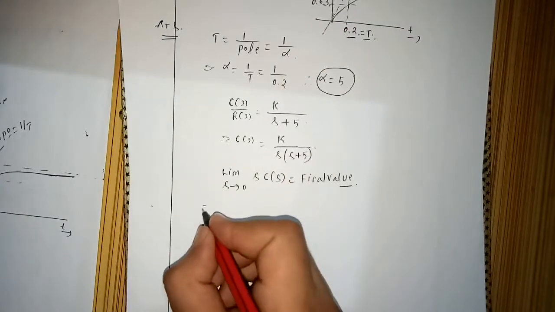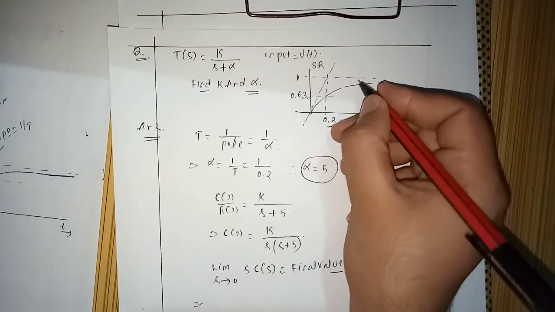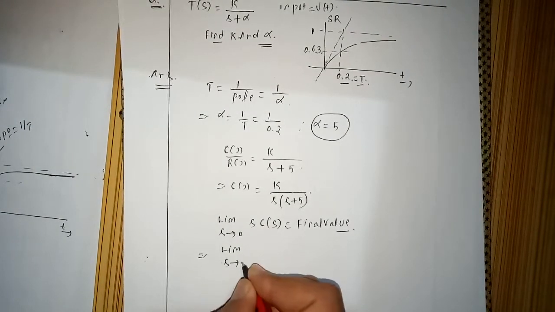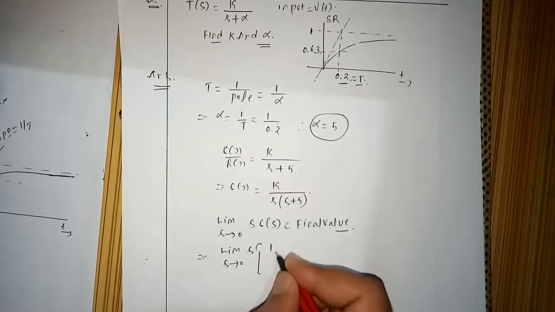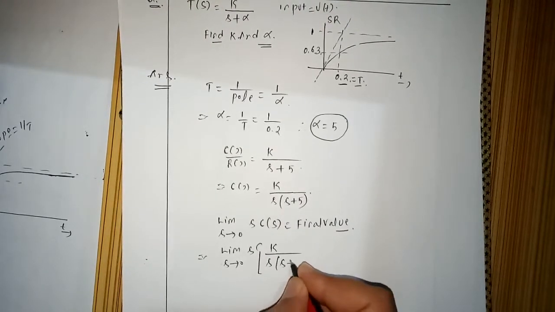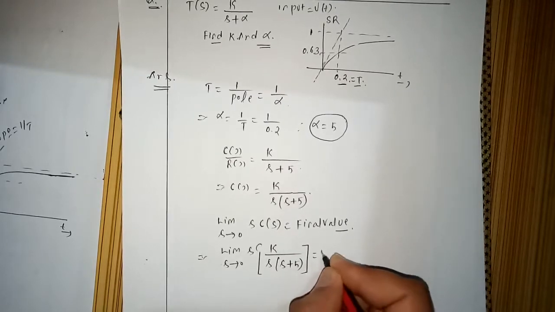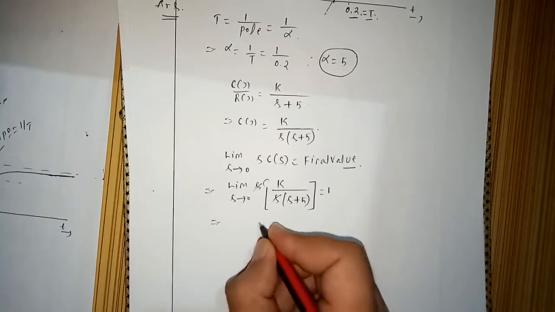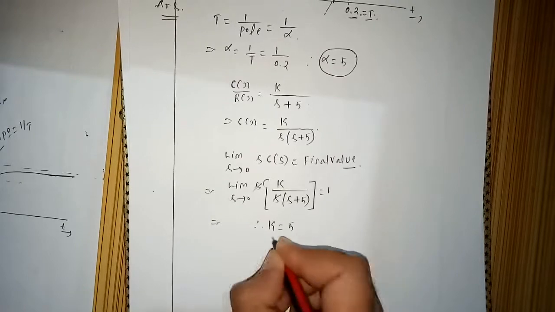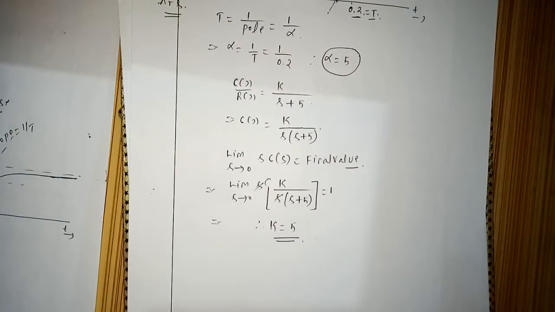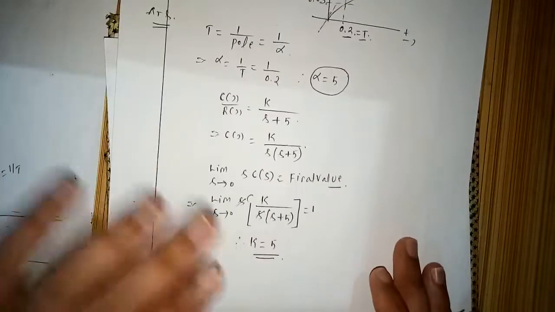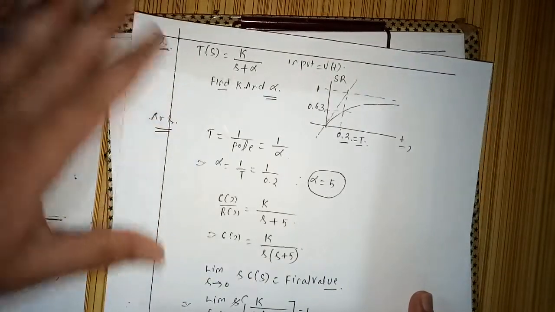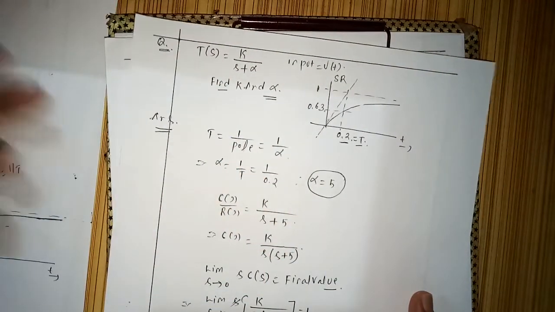The final value of this step response is 1, so I can write the limit s tending to 0 of s times K/(s(s plus 5)) is equal to 1. This s and this s will cancel out, and when we put s equal to 0, we get K is equal to 5. That's how we obtain the values of K and alpha, and we can put them in T(s) and obtain the transfer function.